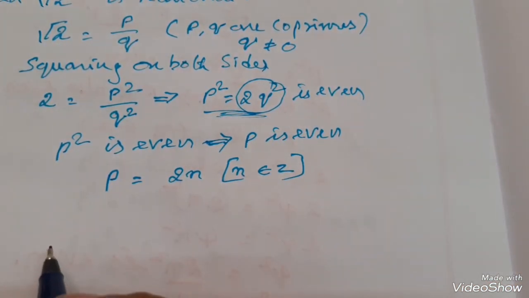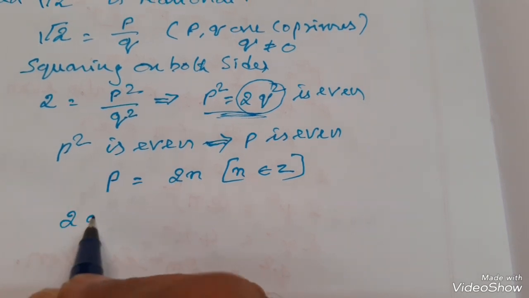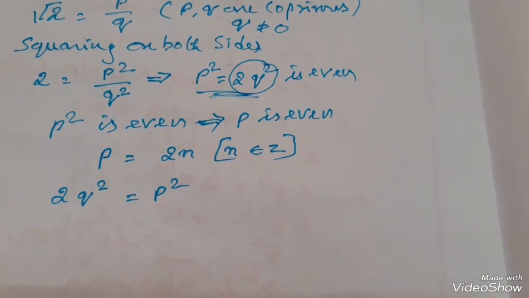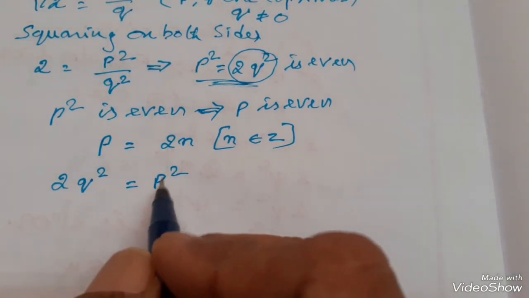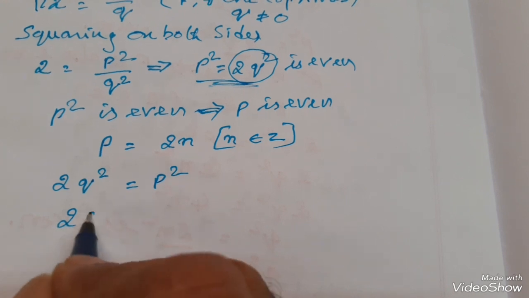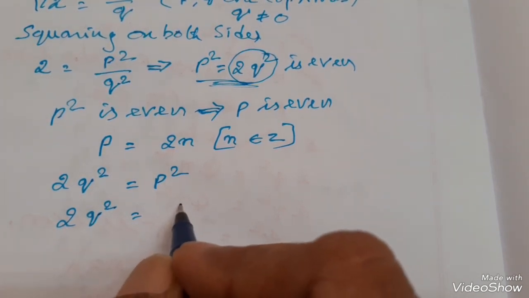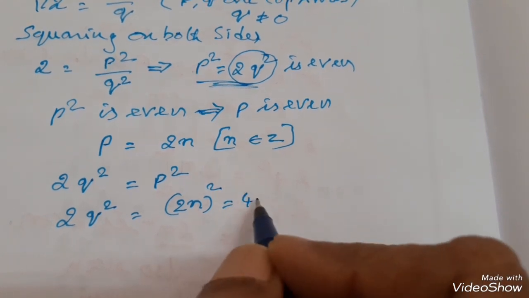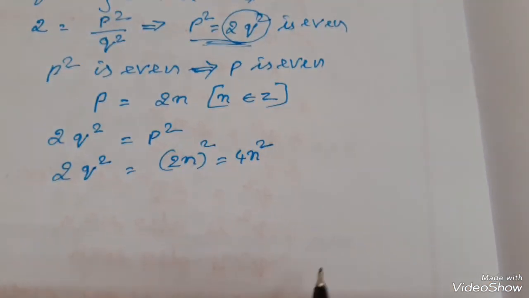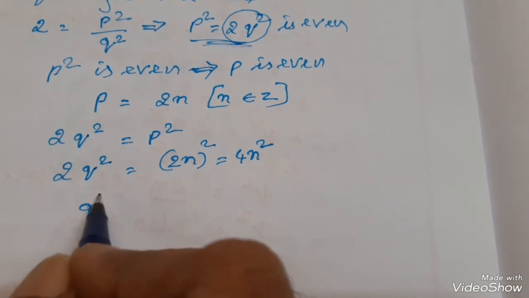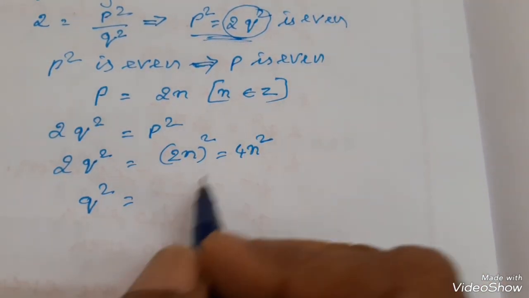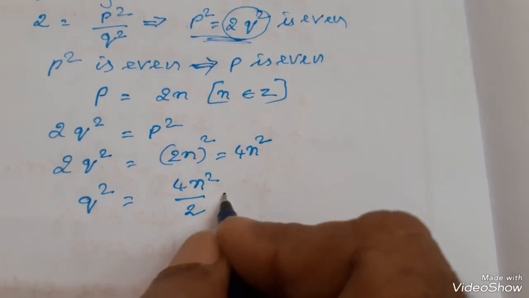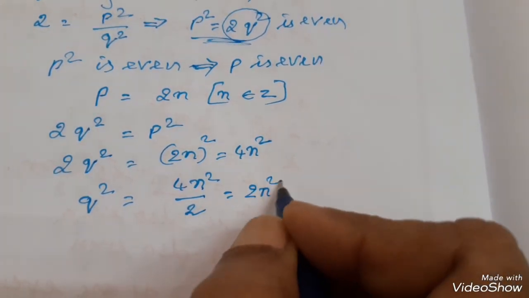So we have 2q square equal to p square. Now substitute p as 2n: 2q square equals 2n whole square, which is 4n square. Then we get q square equal to 4n square by 2, which is 2n square.